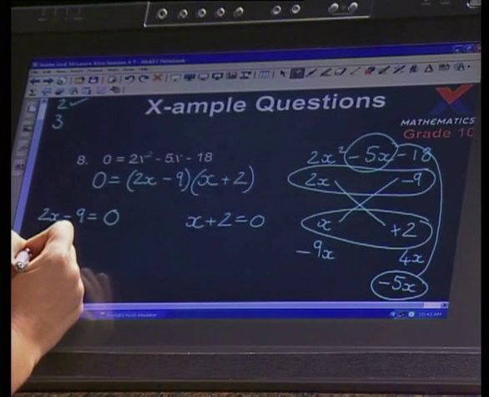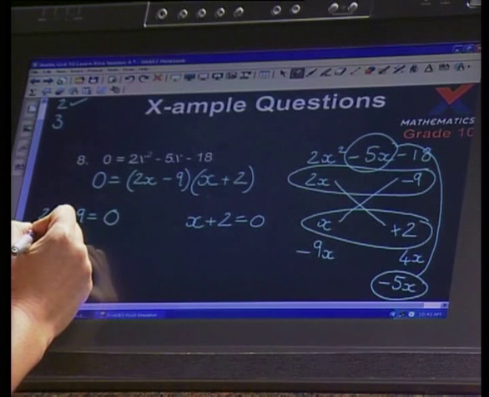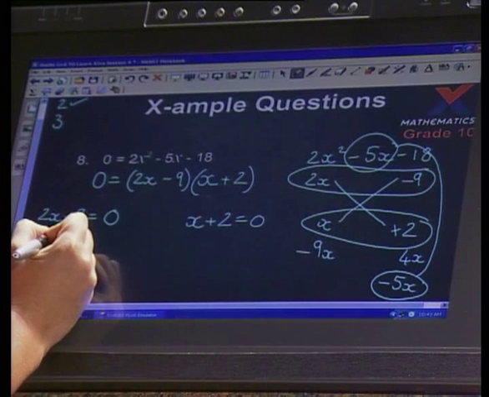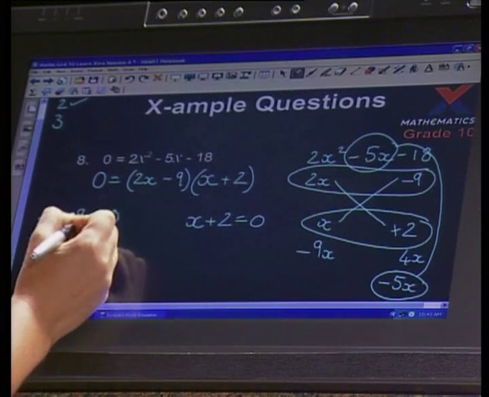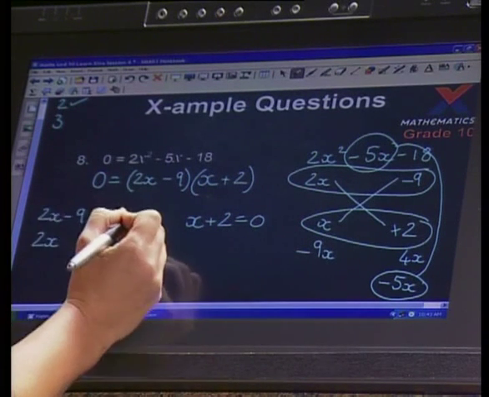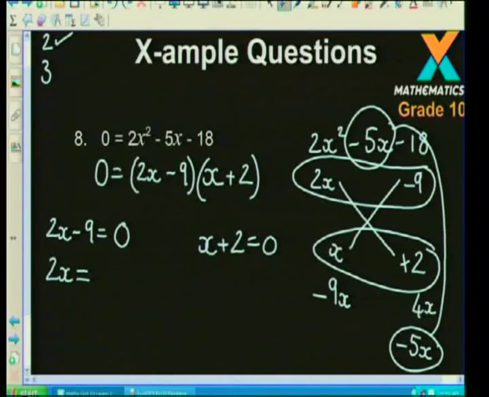Let's find out what our first value for x is going to be. We're going to start by moving the 9. It is being minused over here, which means we're going to add it to both sides, meaning we have 2x is equals to 9. And lastly, we need to get rid of the 2. Remember, the 2 is multiplying x, so in order to get rid of it, we need to divide both sides by 2.